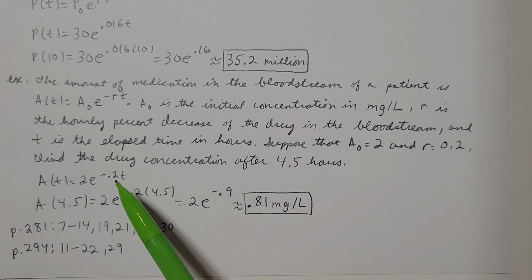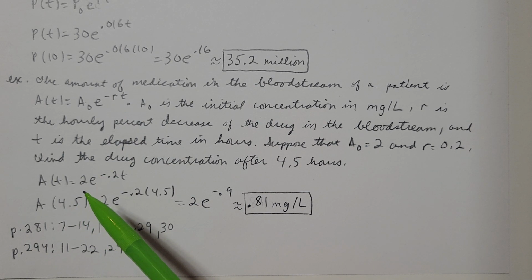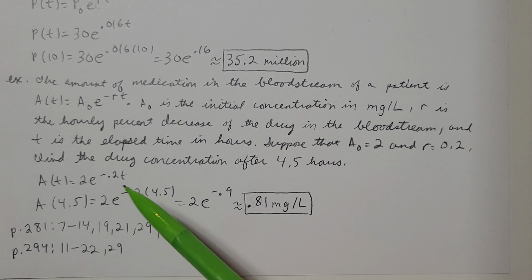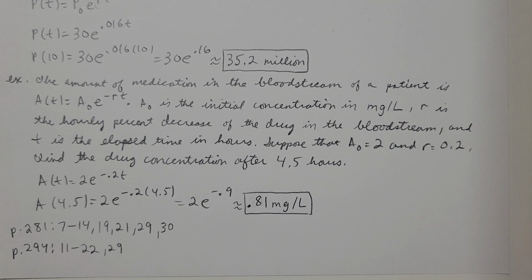And r is 0.2. That's a negative power, though. Okay, because as time goes on, there's going to be less and less of this medication in the bloodstream. So we want to find out, how much is going to be there in 4.5 hours. Well, t is the time, so all I'm going to do is plug in 4.5 there for t and then simplify that. Okay, so let me do that.